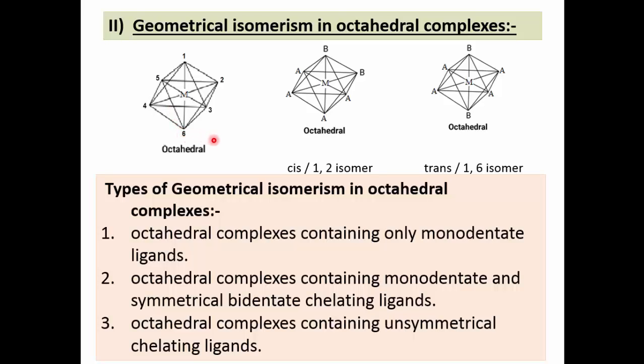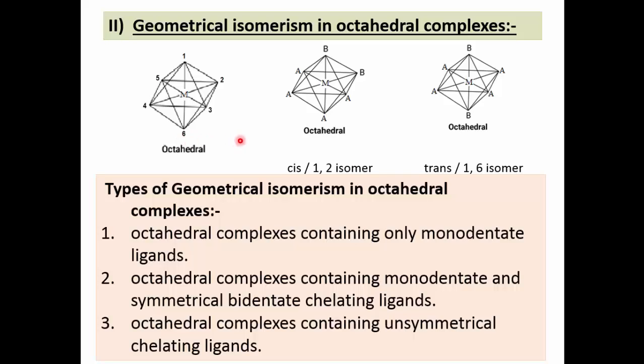These numbers are very important in case of this isomerism. So this is the octahedron, and this is the first position, then this is second, this is third one. Now see, this is fourth position, this is fifth one, and here opposite to first position, this is sixth position. Got it? So this is about the position of 6 ligands in case of octahedral complexes.